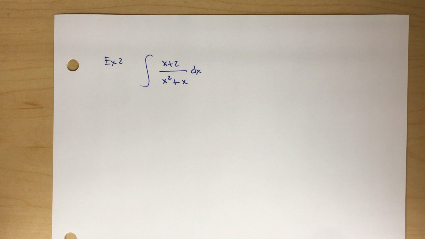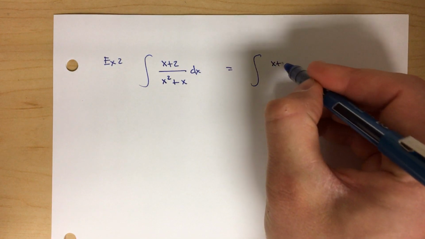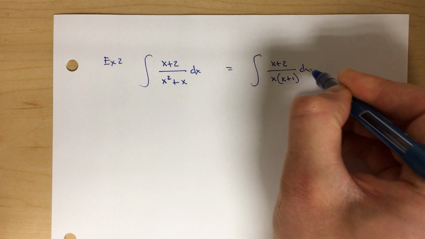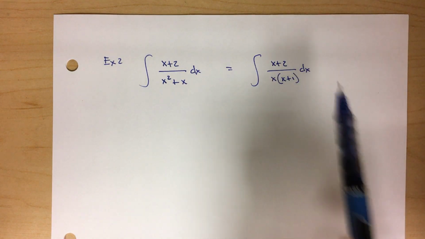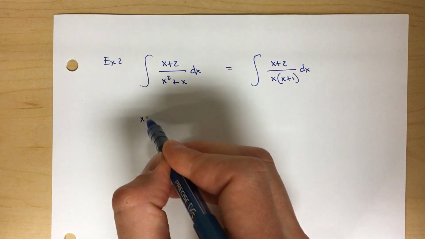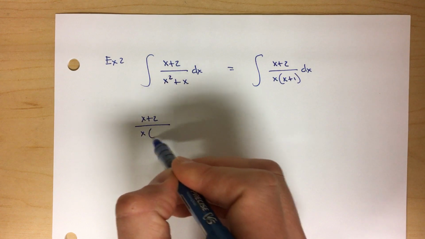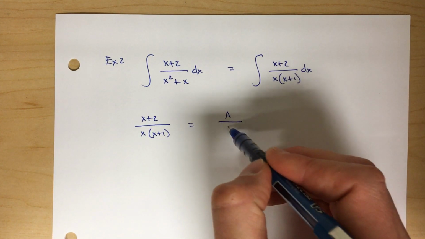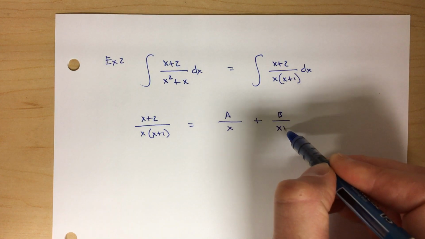So what we can do is basically say, first of all, that this is the antiderivative of x plus 2 divided by x times (x plus 1). So we need these factors so we can then break it up. And so what we're going to say is, you know what? (x plus 2) divided by x times (x plus 1) is hopefully equal to some constant over x plus some constant over x plus 1.